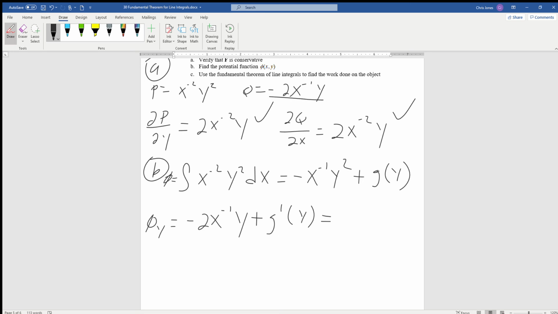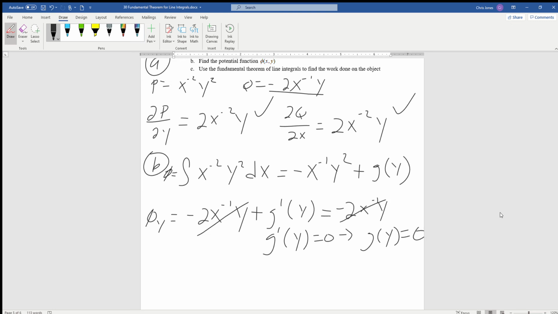And we see where this is going from the other few examples. Notice that the left and right hand sides contain that negative 2x to the minus 1 y, so that goes away. g prime of y is 0. That means that also g of y is 0. And we like when that happens because that's less to work with.